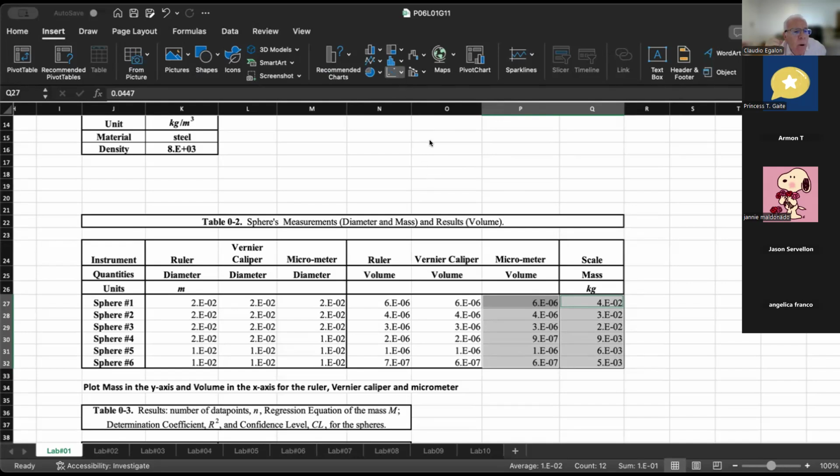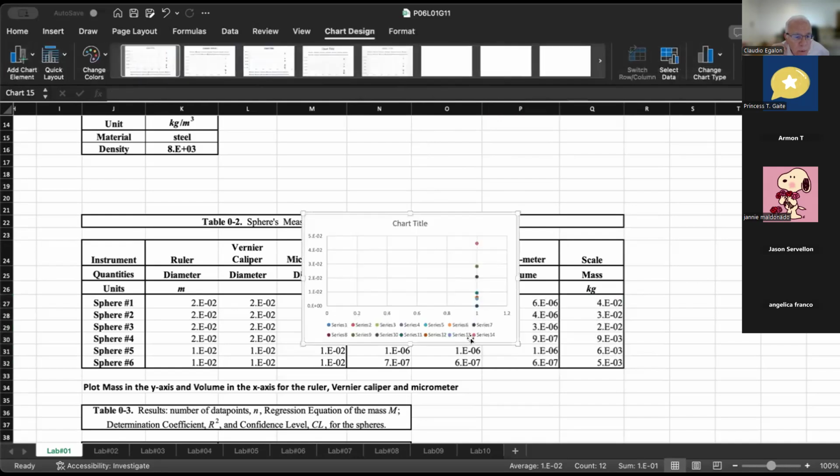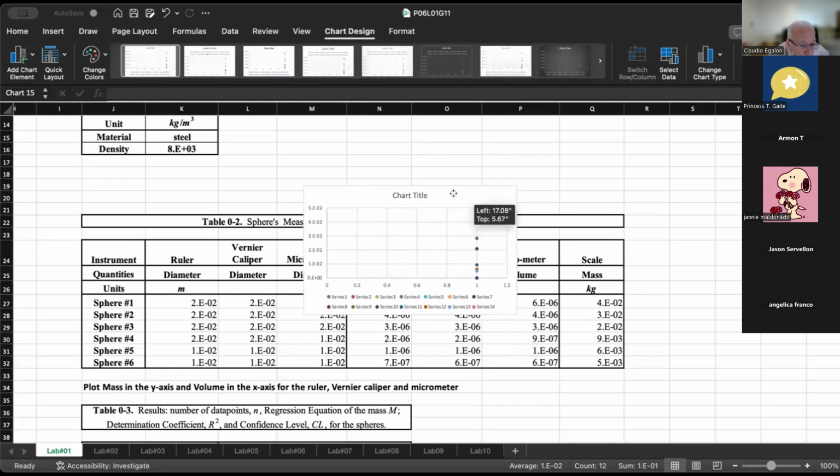You want scatter plot? It's not showing for me. For some reason, it's not showing for me. Okay, highlight and click again. Let's see what happens. I do not know what's happening there. Must be something related to the Mac. I'm going to have to Google it. I've got to figure it out.